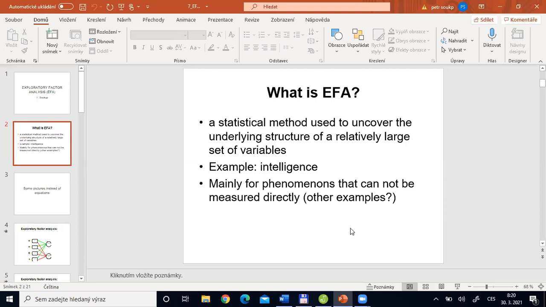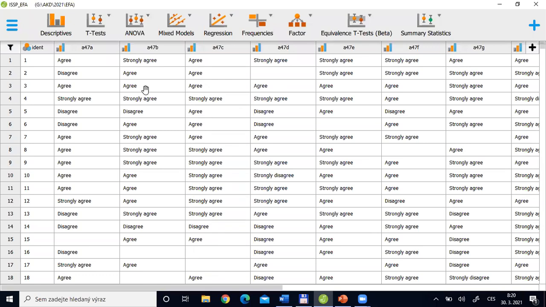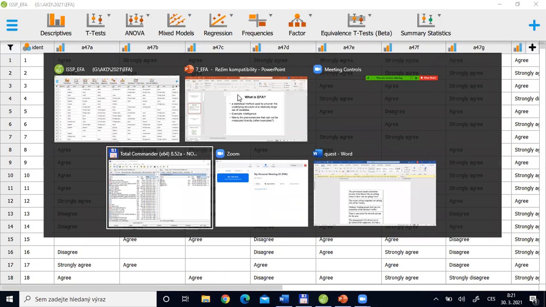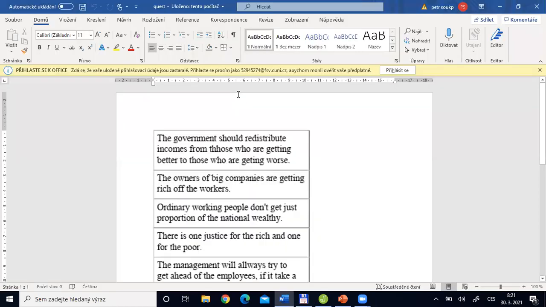So for example, if I have here some data matrix with some variables, maybe there is something behind these data. For example, and we would start this example only by our sociological imagination tool, we would be performing exploratory factor analysis for a set of statements.